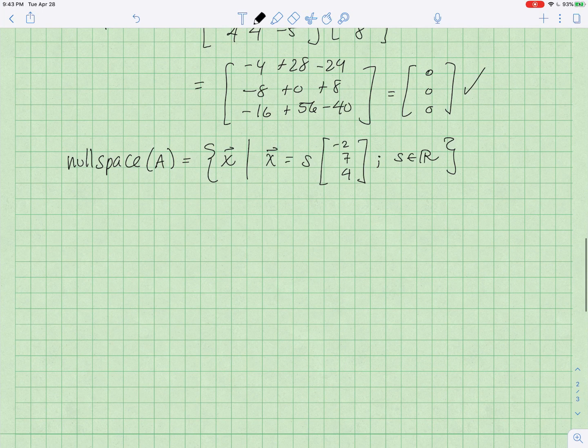Or maybe we might just say it's the set of scalars times -2, 7, 4, such that s is a real number. That might be a little bit more succinct. Either way, same thing. And there you have it. This is the solution.